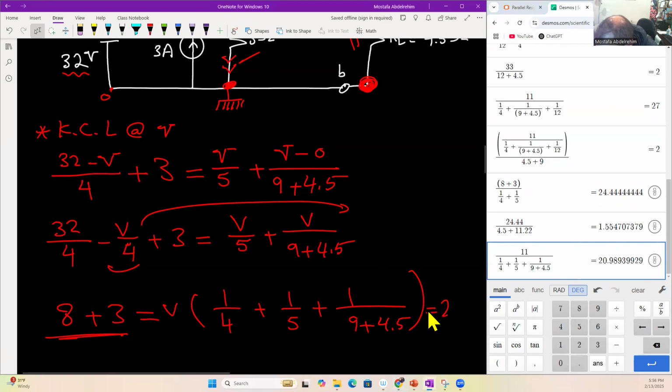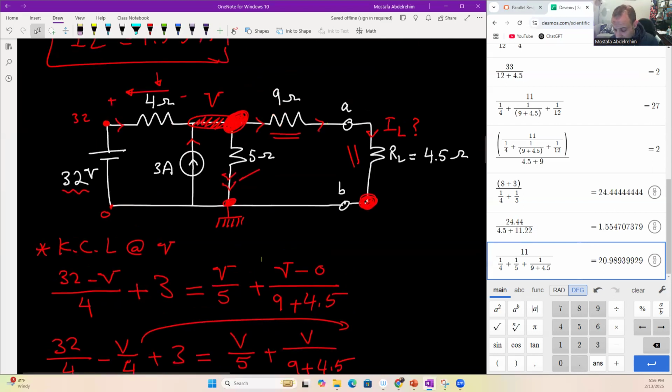That's 20.98 volts. So what is IL? IL from here is very easy, equal to V divided by 9 plus 4.5. Guys, don't approximate, just take this value here.